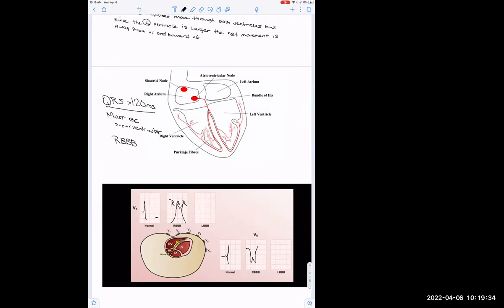So again, we're going to start SA node, AV node, like we know, down our internodal pathways, onto the interstate, down the bundle of His, and then you have depolarization again of the endoventricular septum. Okay, but in this case, you have a roadblock on the left bundle.